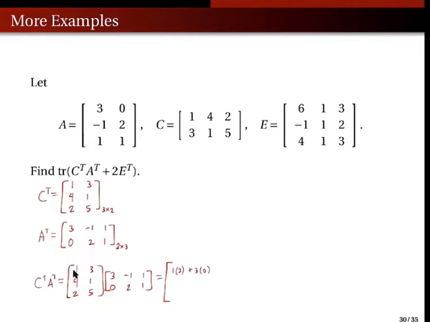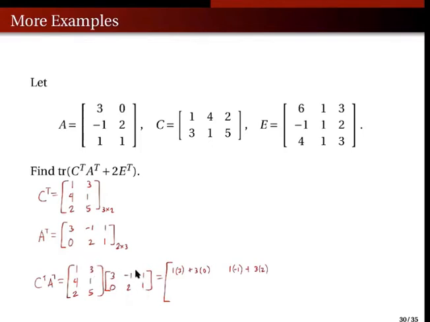And then 1, 3 multiplied to negative 1, 2. So 1 times negative 1, plus 3 times 2. And then your 1, 3 multiplied to 1, 1.